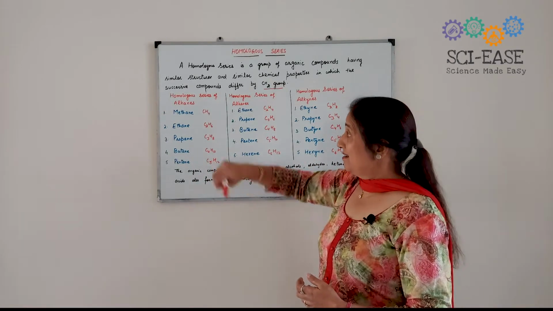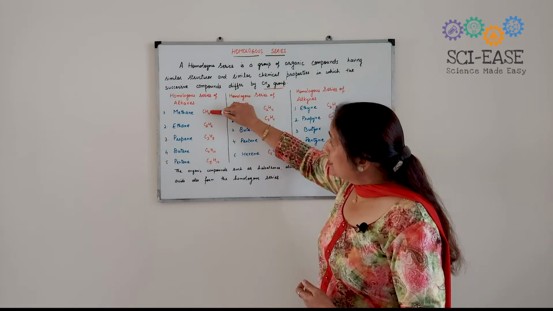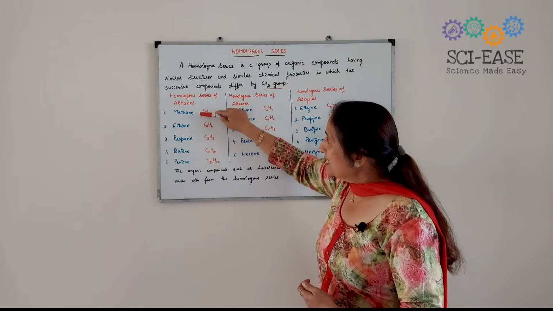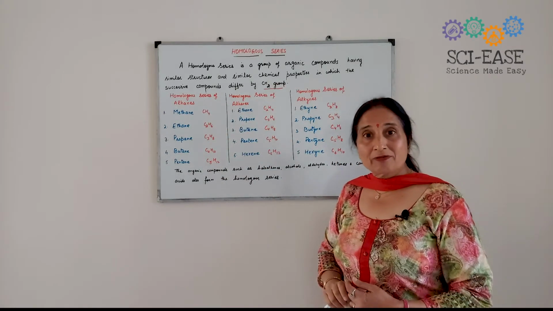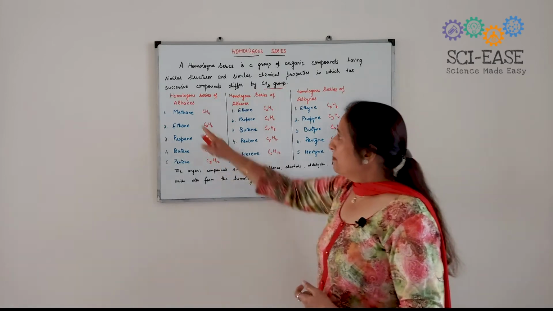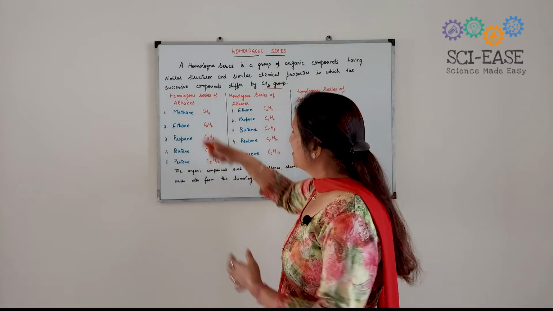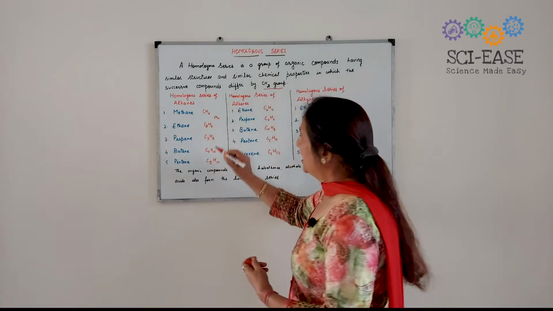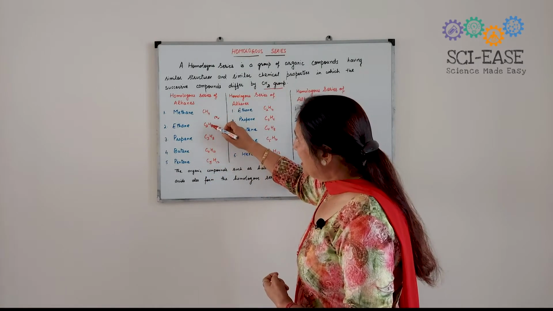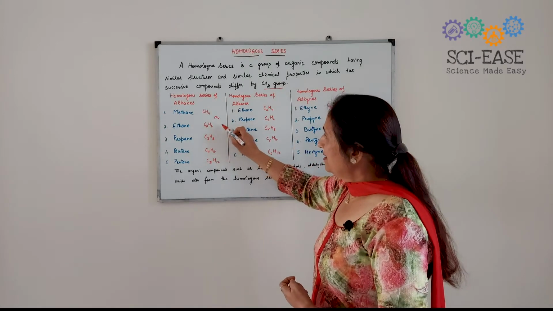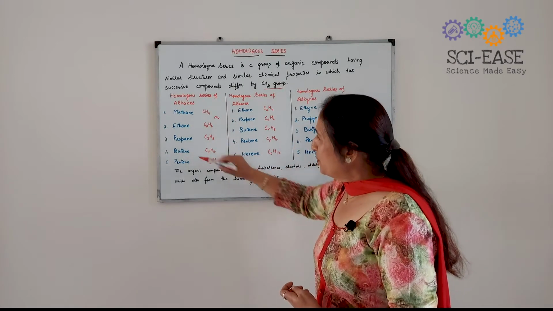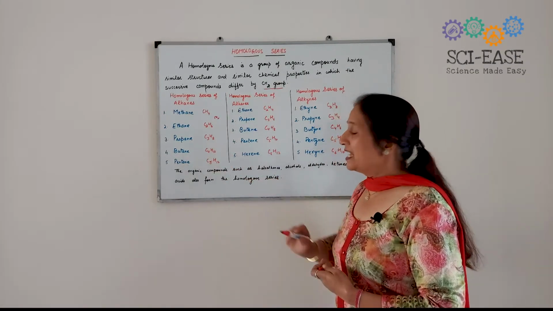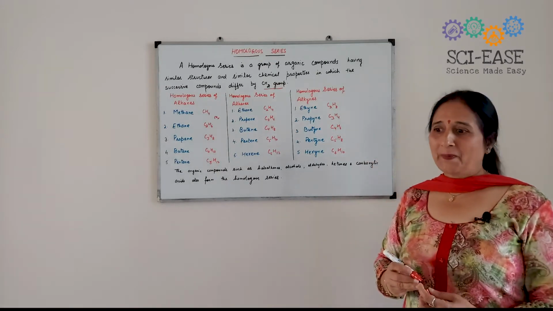You can see that there is a difference of CH2 group between two adjacent members of the series. Methane and ethane, there is a difference of CH2. In the same way, ethane and propane, again CH2, propane and butane, CH2, and butane and pentane, again CH2.